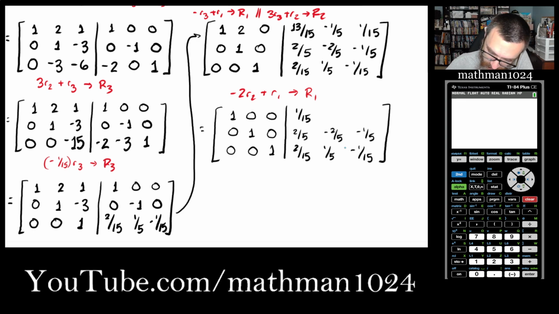And then we have, so negative 2 times negative 2/5 plus the guy in the top, negative 1/5. All right, so that's positive 4/5. That's going to give me 3/5.